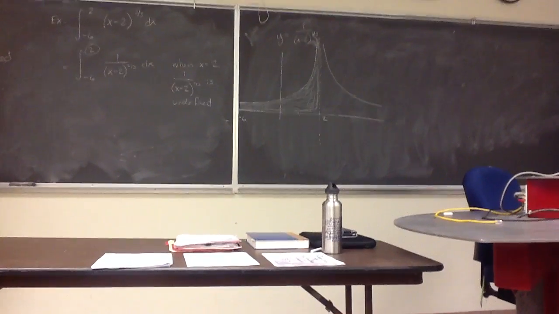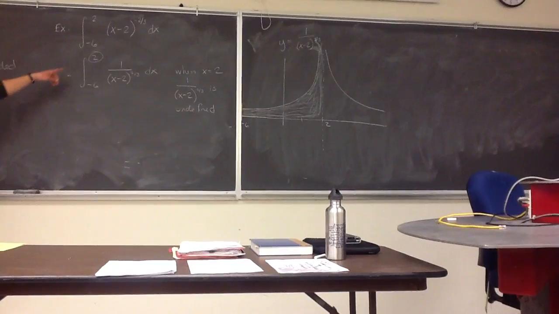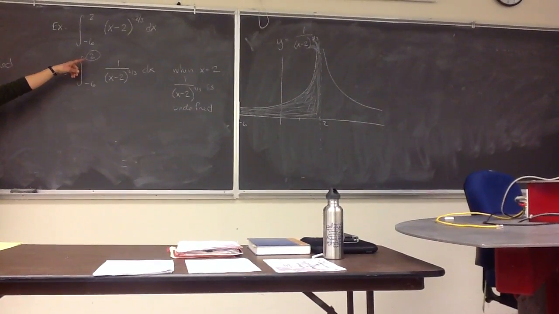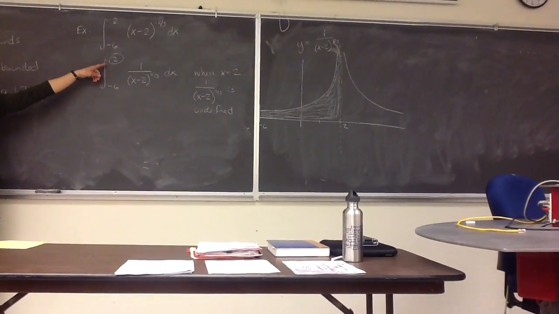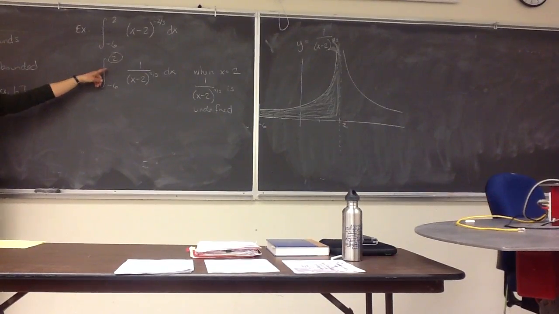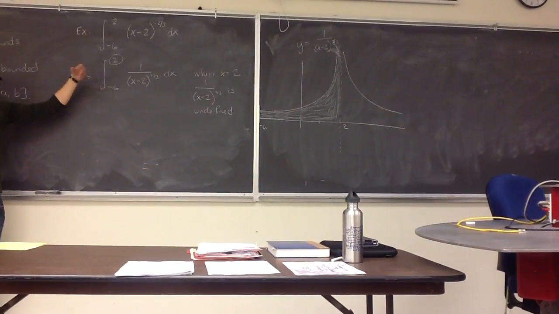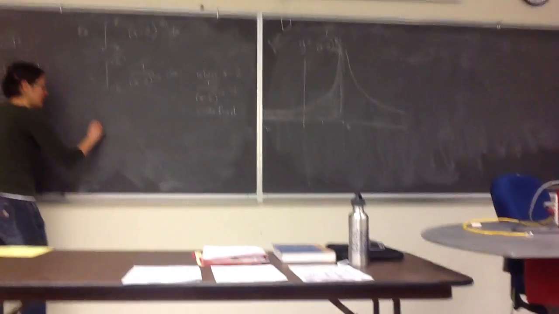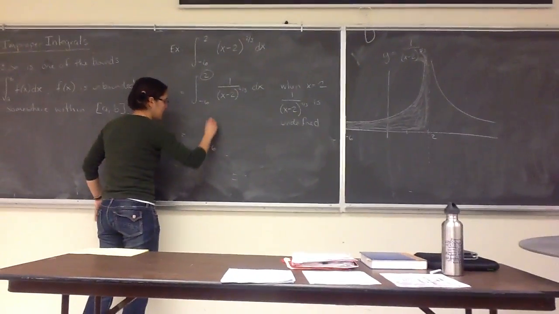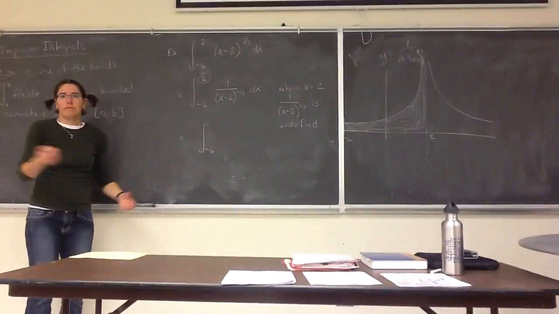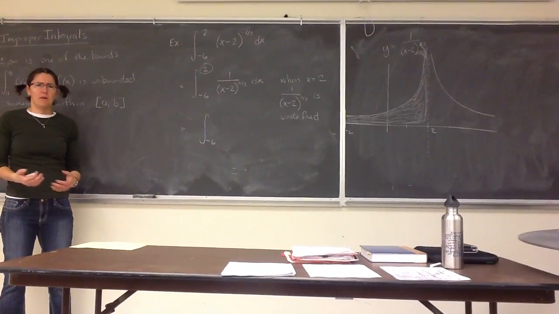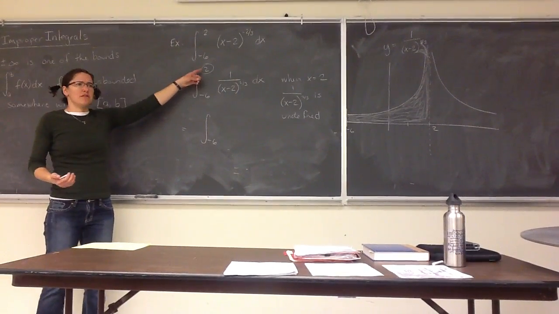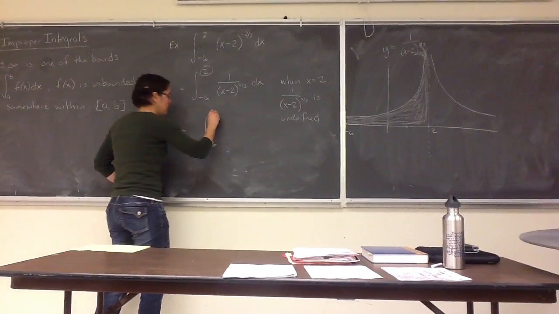Okay, so the very first thing we want to do is to deal with this unlucky boundary, this value where our integral becomes improper. So I'm going to replace that 2 with some letter. So I'll have the integral from -6 up to some letter, whatever letter I want to choose. That was a 2, so maybe I'll choose a t.